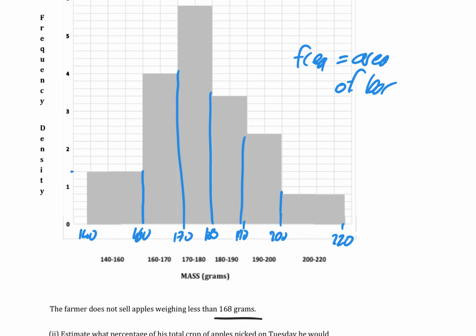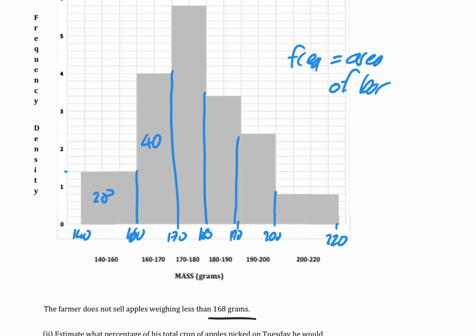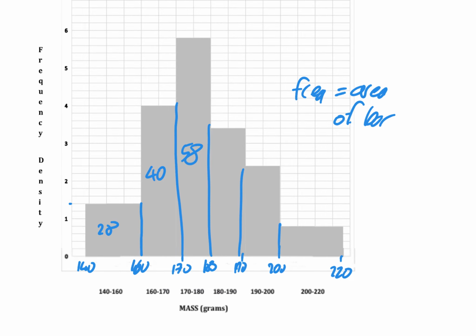So that's 28. The next one is bang on 4 times 10, so that's just going to be 40. And then the next one is 5.8 times 10, so that's going to be 58. The next one is 3.4 times 10, so that's going to be 34.